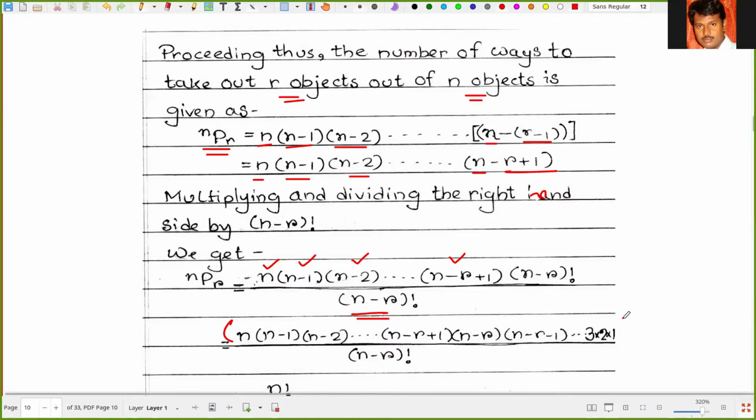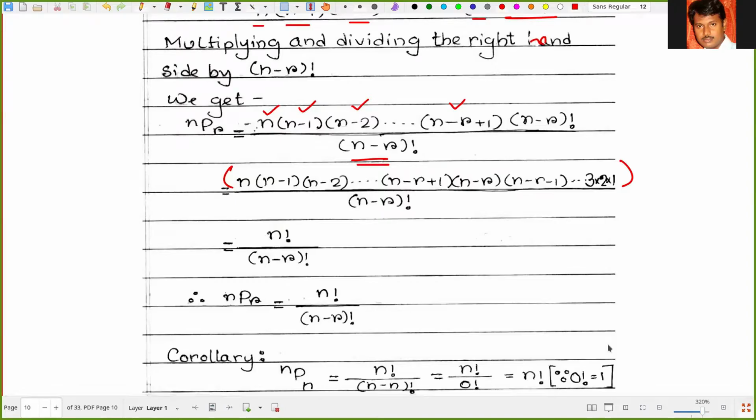So the numerator now becomes n factorial. So nPr can be written as n factorial upon n minus r factorial. So that is how we can prove the formula.